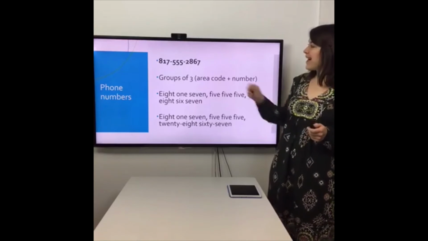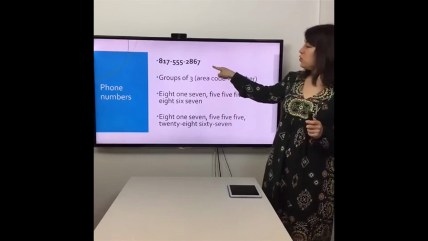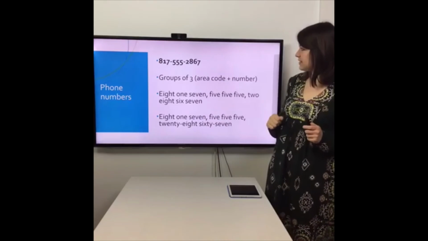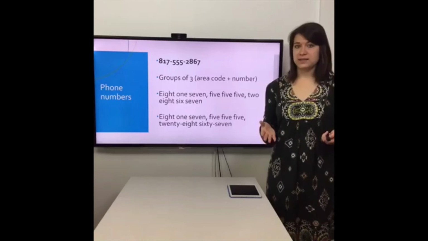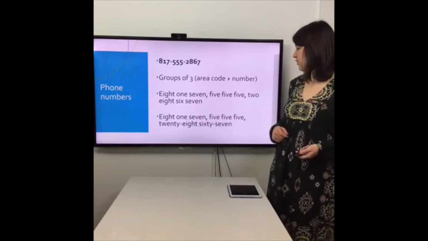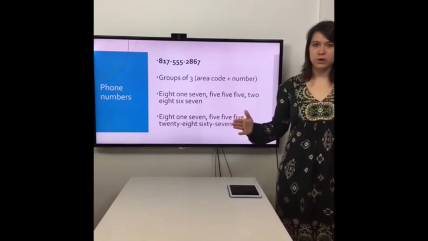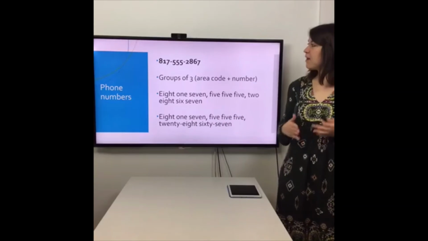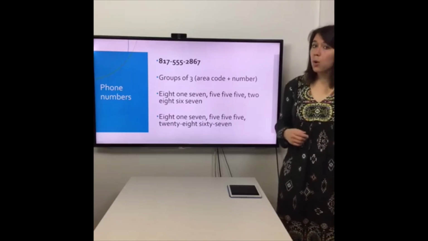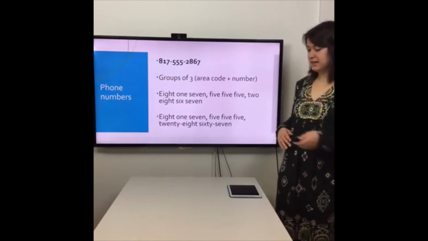So with the last 4 digits, you can either read them one by one, 2, 8, 6, 7, or you can say twenty-eight sixty-seven. Either way is correct. Okay, so the full number would be 817-555-2867 or 817-555-twenty-eight sixty-seven.